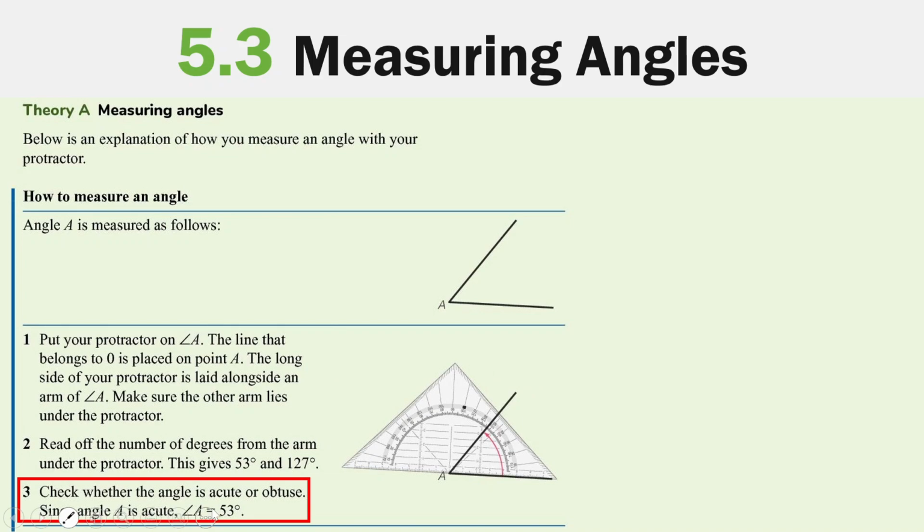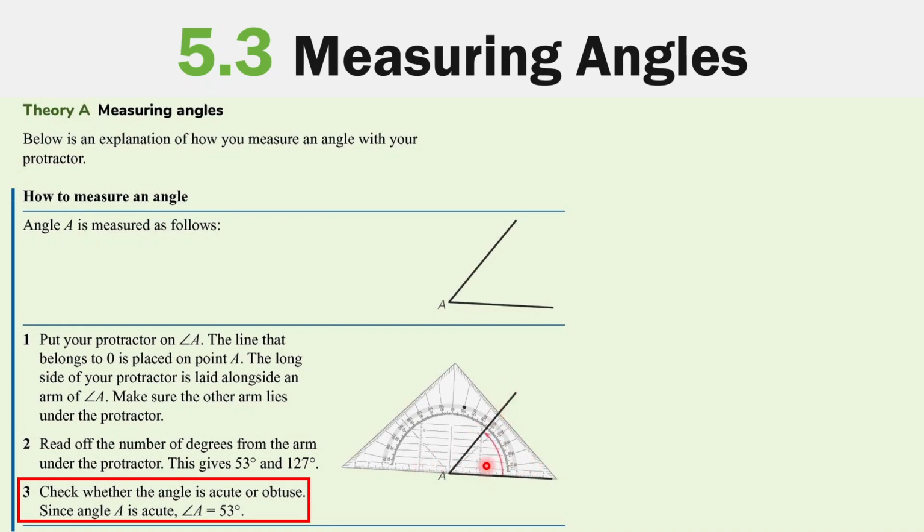And that's where step 3 comes in, and that's actually a very important one. You have to check whether the angle that I'm measuring is acute, scherp, or obtuse, stomp. Remember that I have discussed with you that an acute angle, een scherpe hoek, is smaller than 90 degrees.